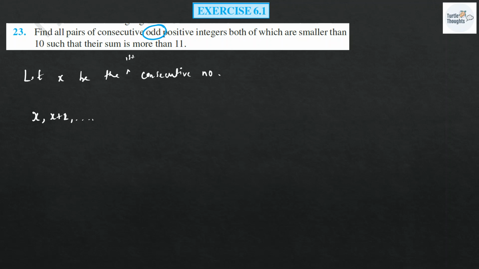Now x and x plus 2, both are smaller than 10, so x should be smaller than 10, and x plus 2 also should be smaller than 10. So we have two inequalities, isn't it?